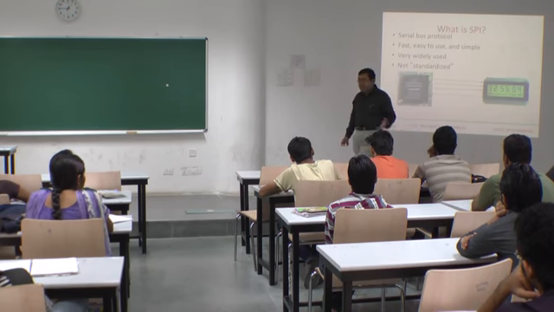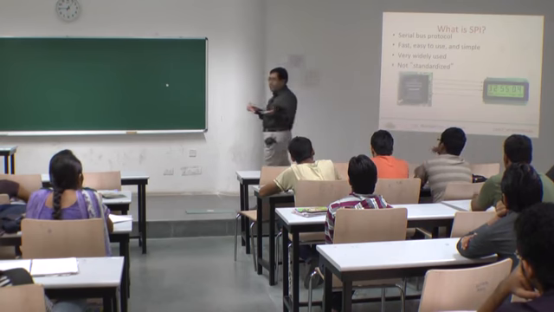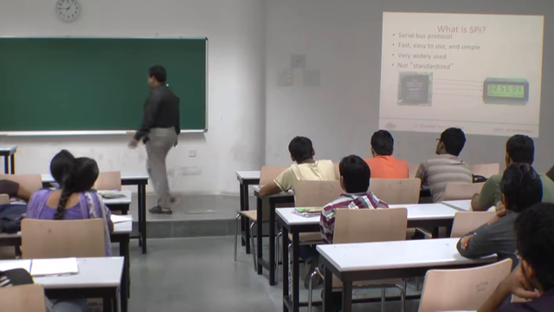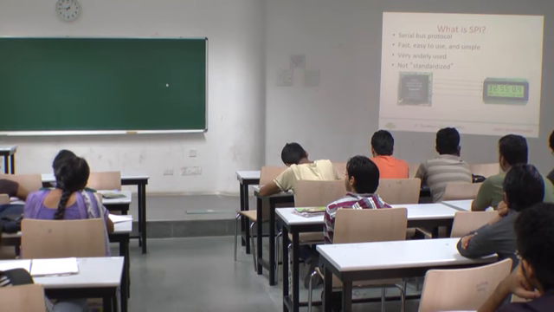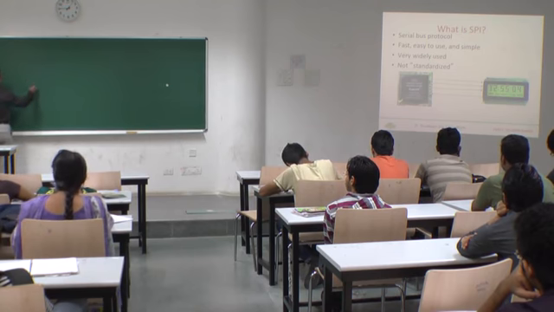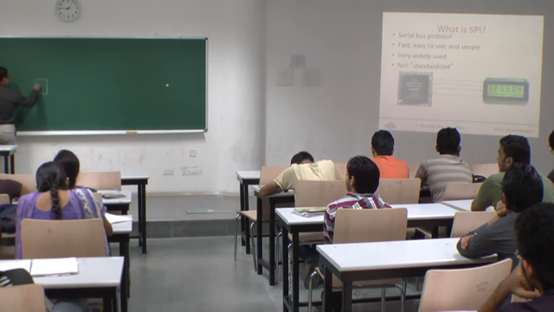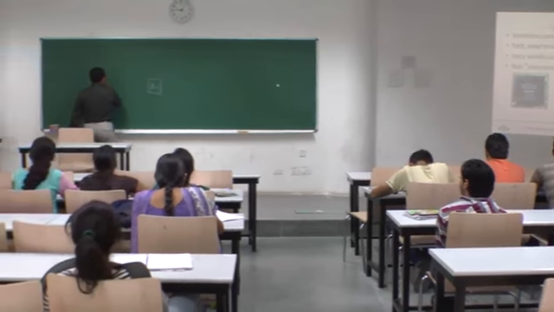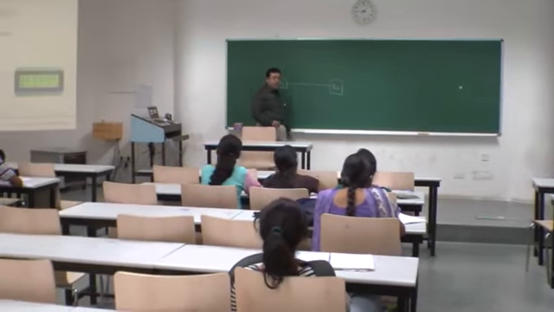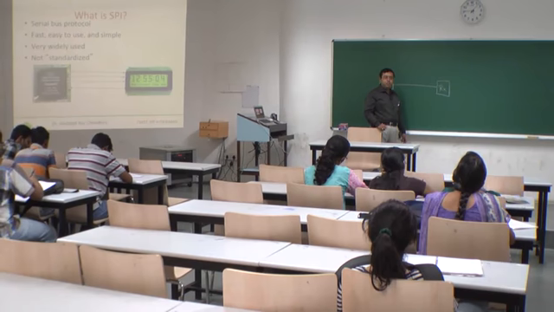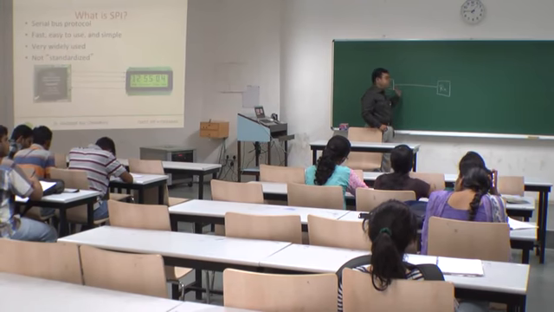Okay. So, when two devices communicate with each other, suppose this is the transmitter and this is the receiver, and you connect the transmitter and receiver by means of a wire. There can be different modes of communication between them.